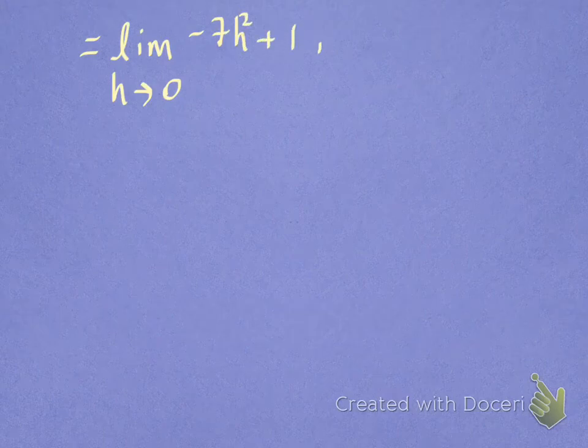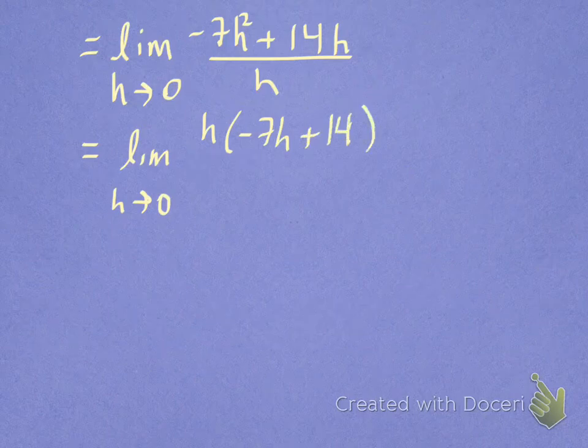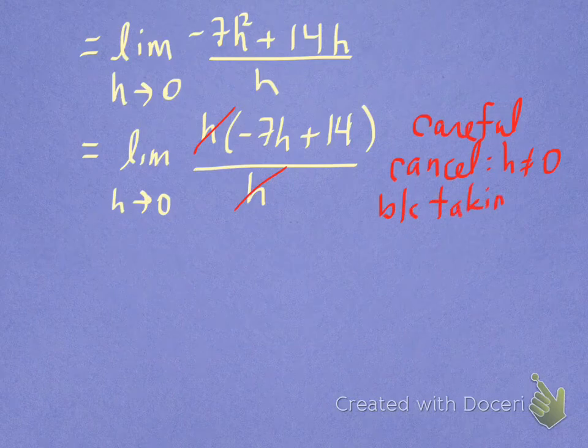And I am left with the limit as h goes to 0 of negative 7h squared plus 14h all over h. So I will factor out an h from the numerator, and then I will do a careful cancel. I can cancel those h values because h is not 0 since I'm taking the limit as h goes to 0.